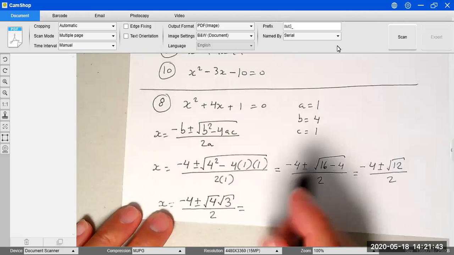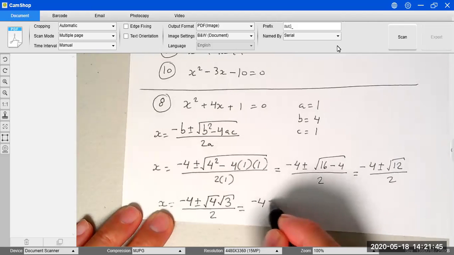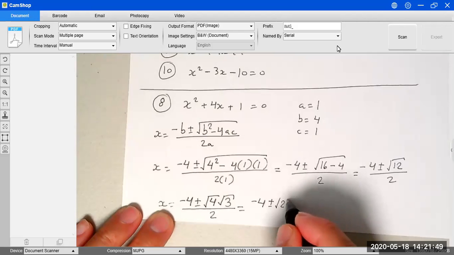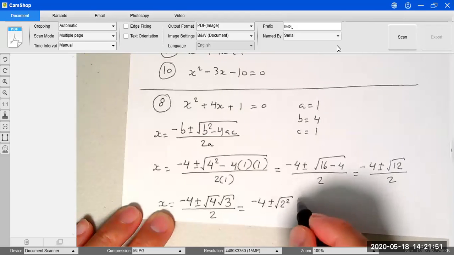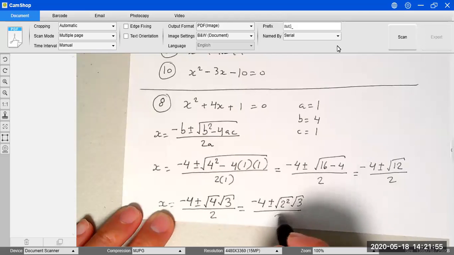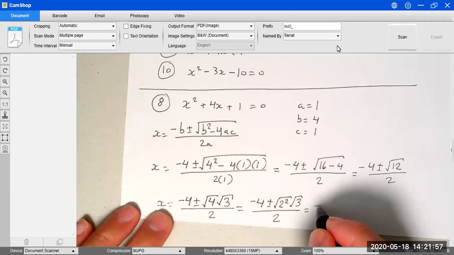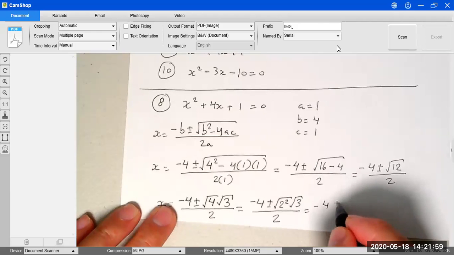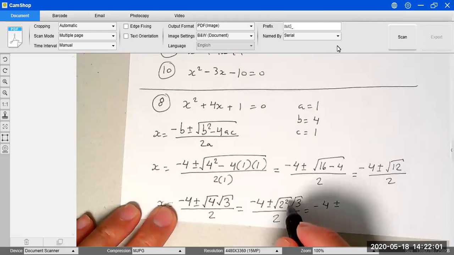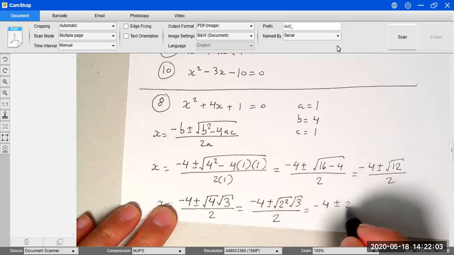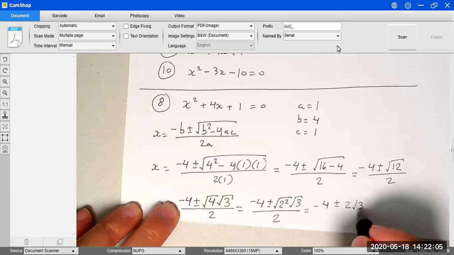So you get negative 4 plus minus. Now the perfect square, we're going to write it in an exponential way. And then the square root of 3 remains as that. And finally, we have negative 4 plus minus. Then we can cancel the exponent and the radical. We get only 2 times square root of 3 over 2.